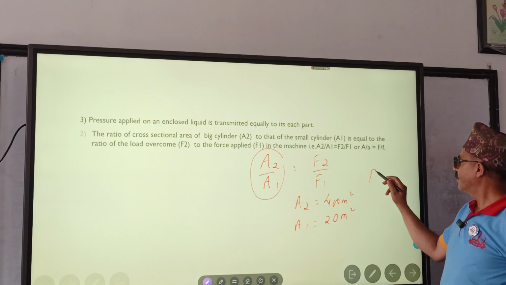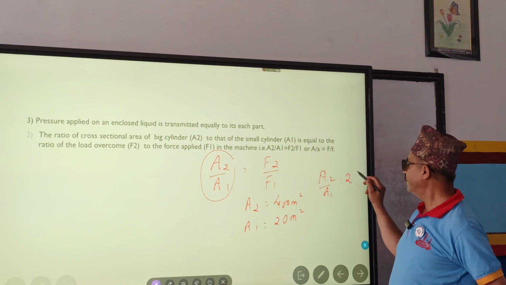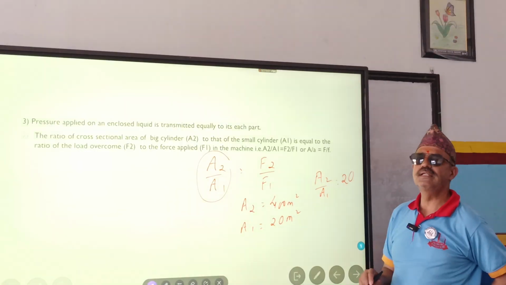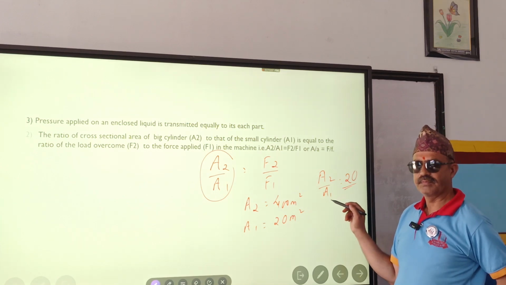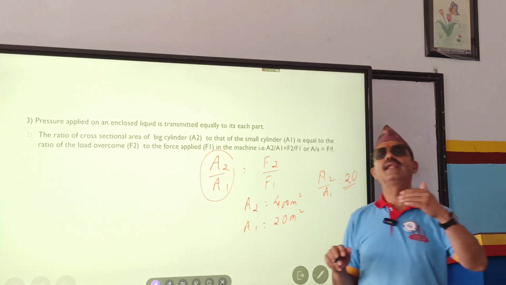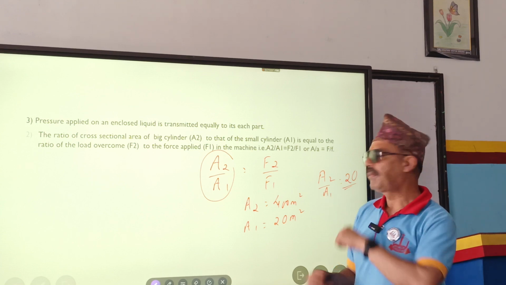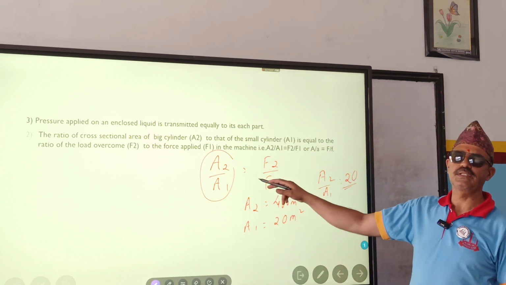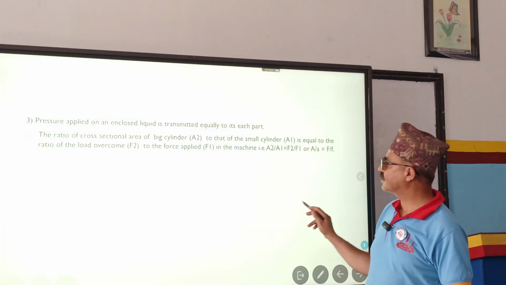What is the ratio of A2 by A1? 400 divided by 20 is 20. So we can lift 20 times heavier load by the application of this machine. So you must find this out. And one numerical problem was solved.